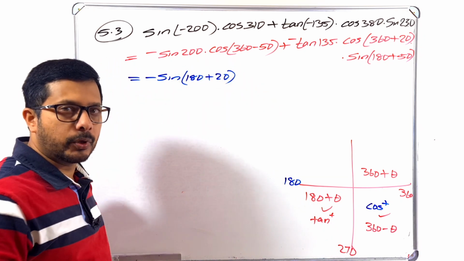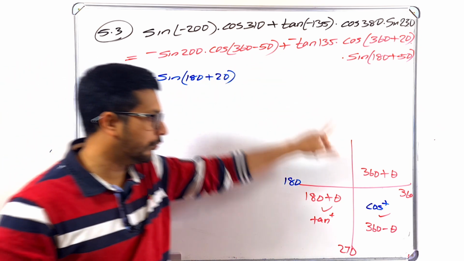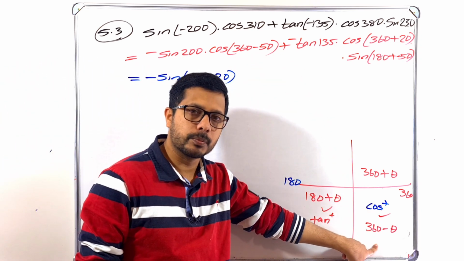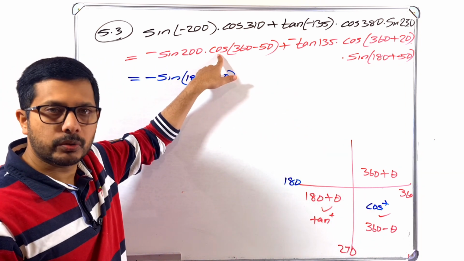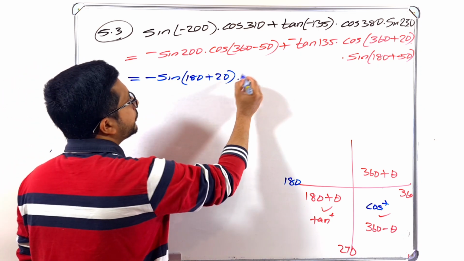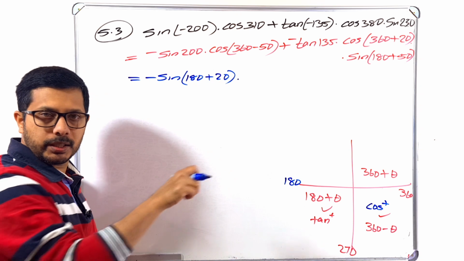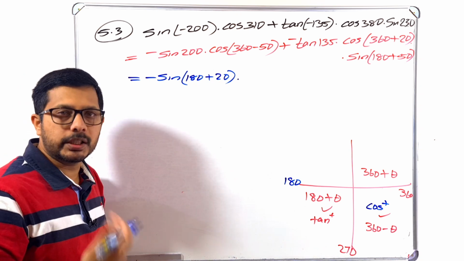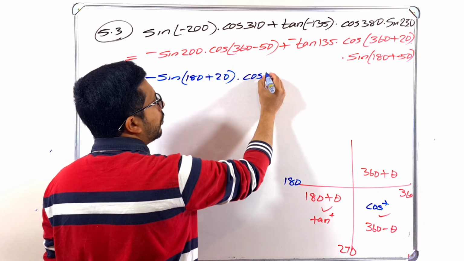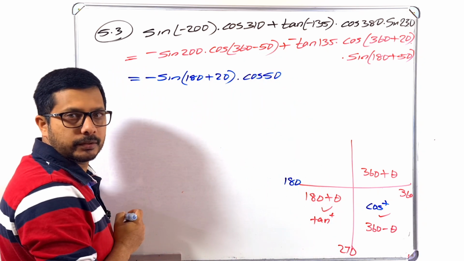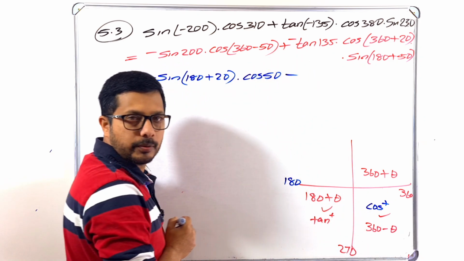Now, is there any change in the trigonometric function if it is based on 360? No change. So here cos, here also cos of the acute angle 50. Then plus times minus, that is minus.